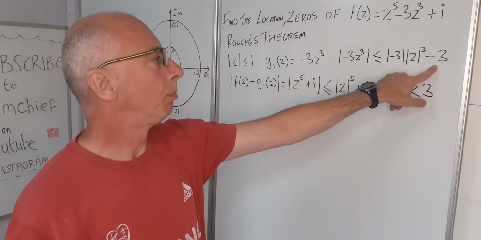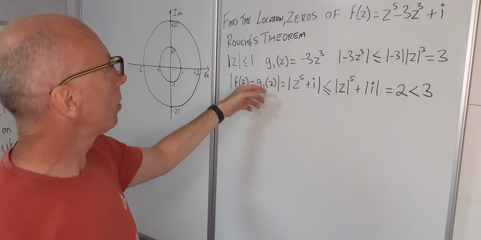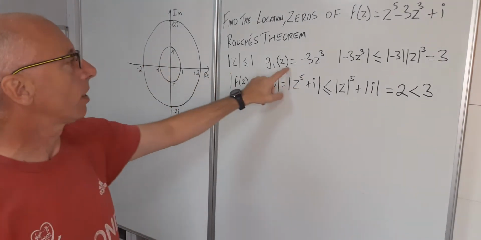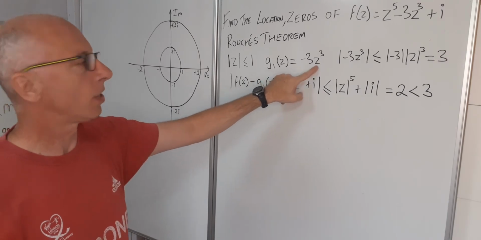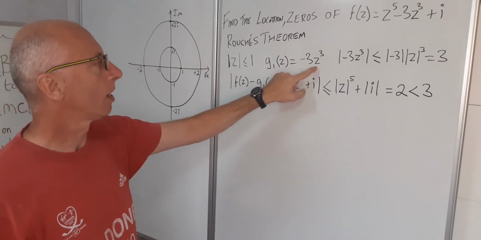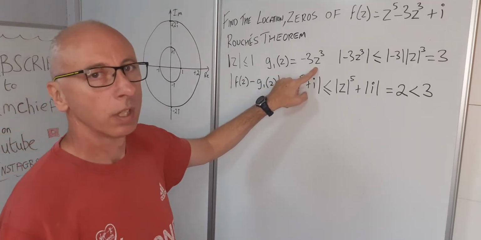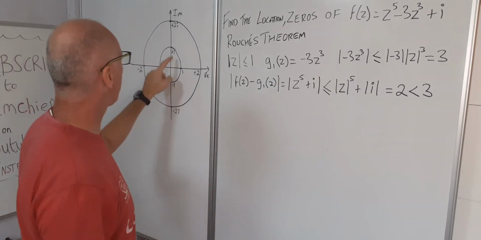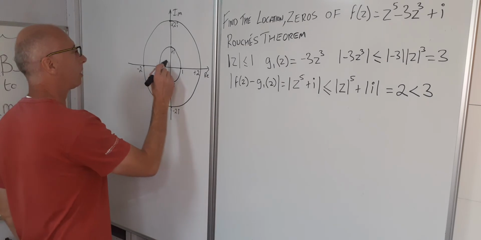what we can say is that the number of zeros inside here is equivalent to the zeros of this function here. So as it's minus 3z cubed, this will have 3 zeros. So therefore there's 3 zeros inside here.